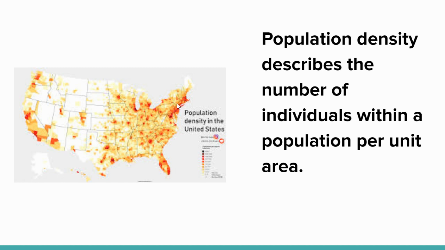Even over toward the tip of Lake Michigan, on the west side, that would be Chicago. There are lots more people that live there than out in the Dakotas, Montana, Idaho, any of those. So population density refers to the number of people living in the area.